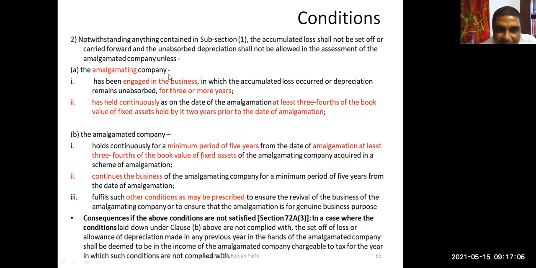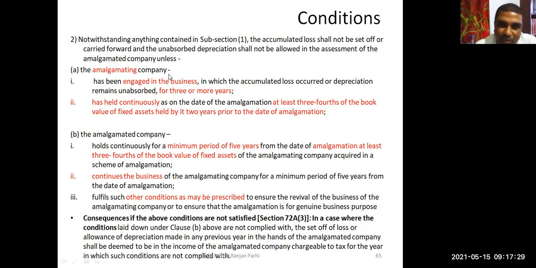And there are certain conditions for the amalgamated company. First of all, the amalgamated company should hold continuously, for a minimum period of 5 years from the date of amalgamation, at least 3/4 of the book value of the fixed assets. It should not happen that the amalgamated company acquired the company and after that started disposing of its assets.